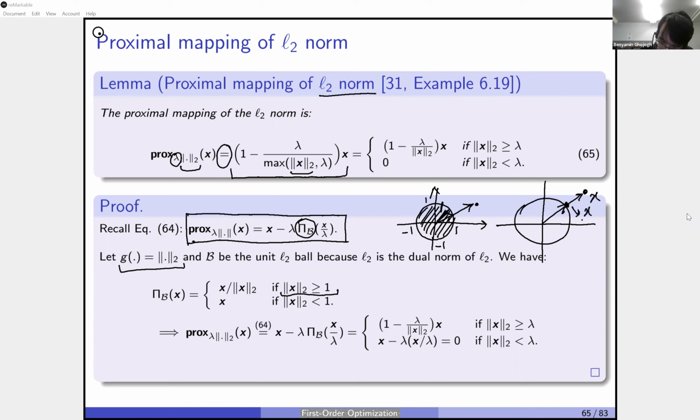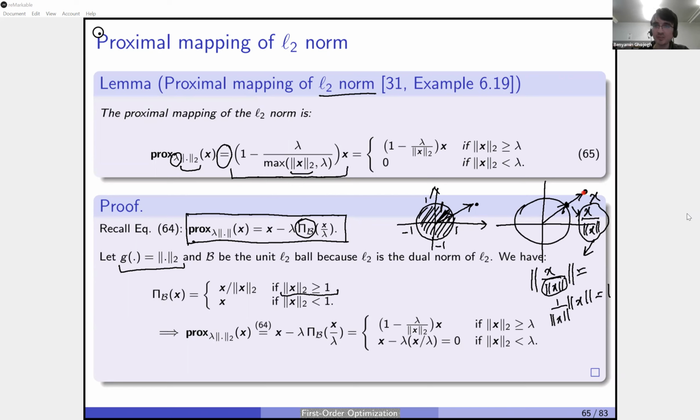It's x over the L2 norm of x. In other words, the length becomes 1. Why? Because you can write it in this way. This is a constant, so it comes out of the norm. So this is 1.